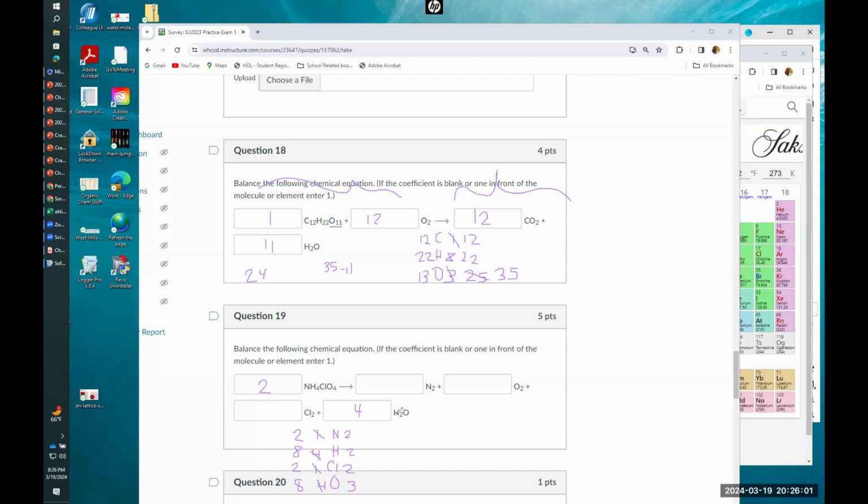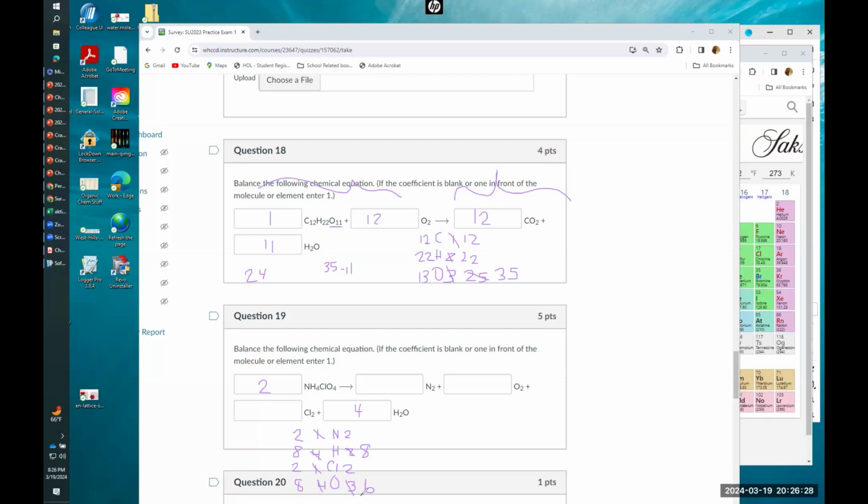So then it'll be 4 times 2, which would be 8. And then how many oxygens do I have now? So it's 4 times 1, right? 4, 5, 6. So we have a total of 6. That's right. Okay. So is that balanced?